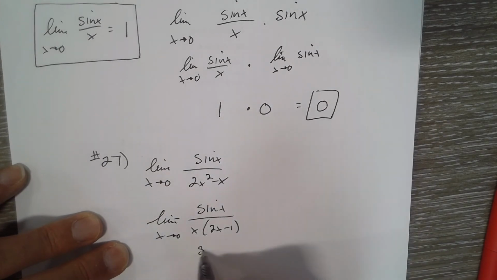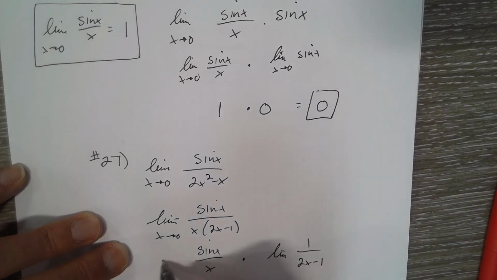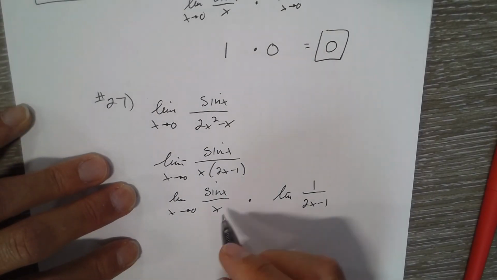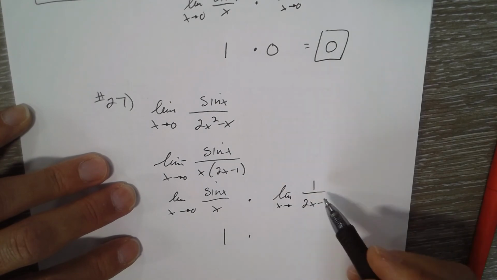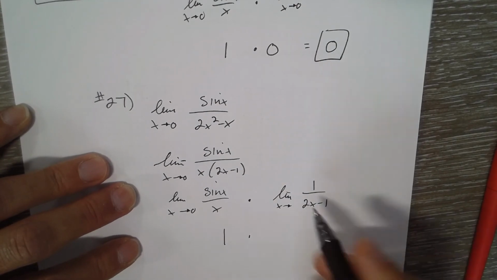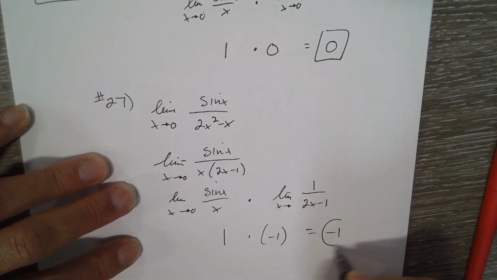And then you could separate them. So the limit of this as x goes to 0 is 1. X goes to 0 here, it's 1 over negative 1, so negative 1. So we get negative 1 for our answer.